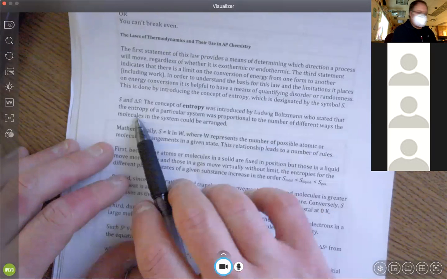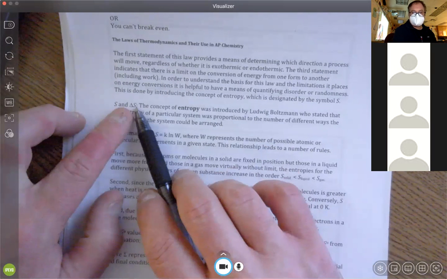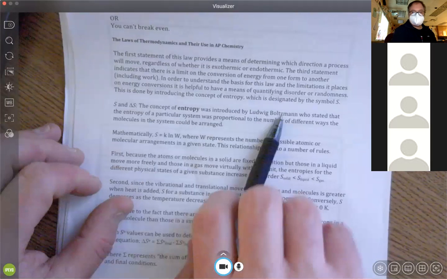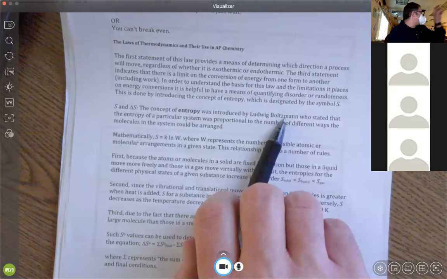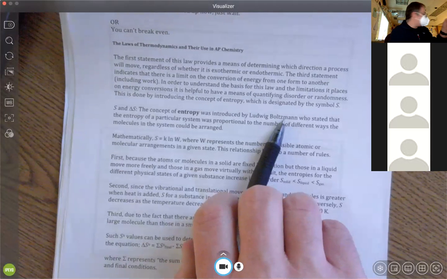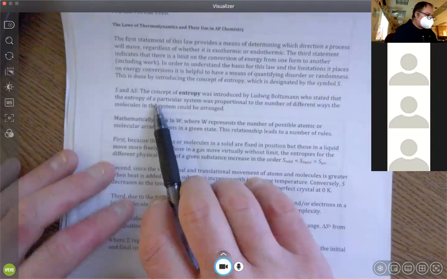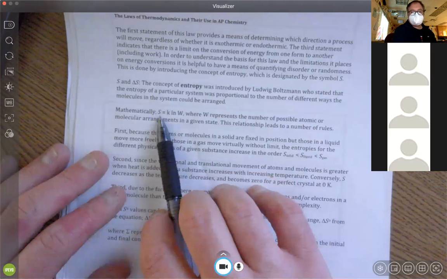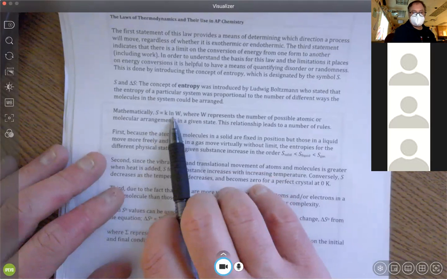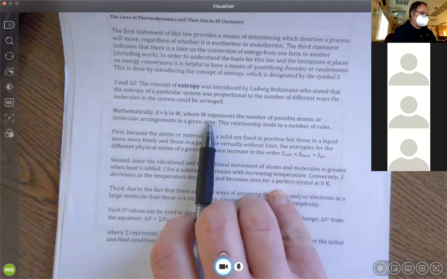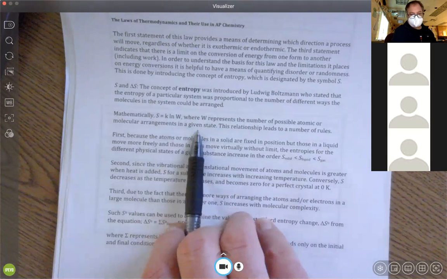I'll let you read this if you want, but basically for entropy we use S, and the change in entropy is delta S. This is a name you've seen before with that Boltzmann curve. It shows the change in temperature and how it changes the particles that have the proper activation energy. Mathematically, you can find entropy by taking k times the natural log of W, which is the arrangements that are possible in any given state.